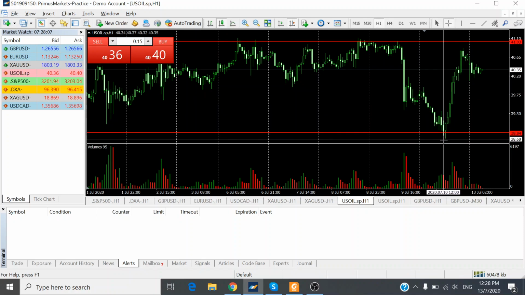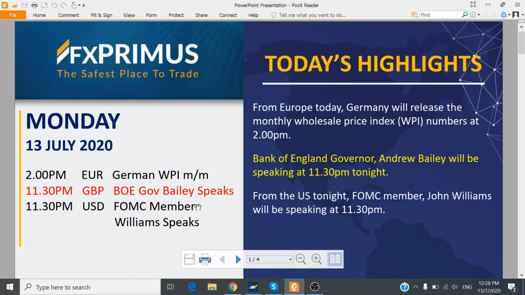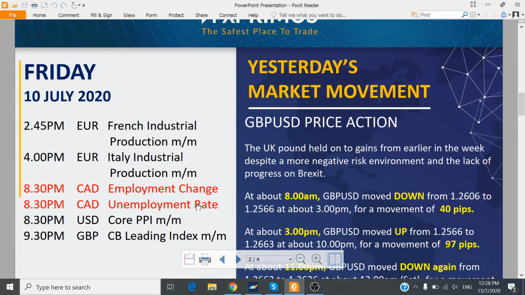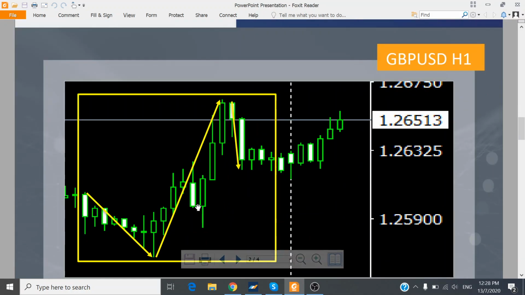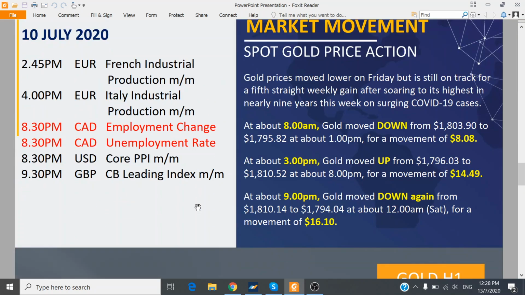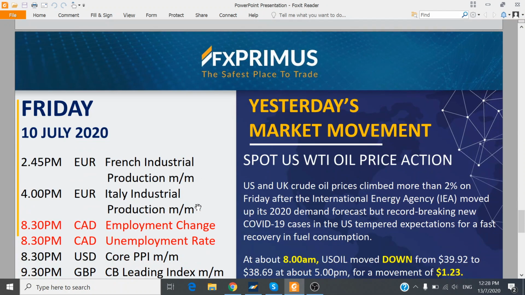Only in the evening session at about 6 p.m. local Singapore and Malaysia time, oil prices managed to find very good support, form a tweezer candlestick chart pattern, and started to move back up from $38.89 all the way to a high of $40.84. This was on the back of news from the International Energy Agency that demand for crude oil will increase as we move towards the tail end of this year and also towards 2021.